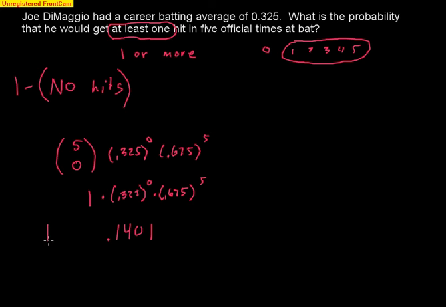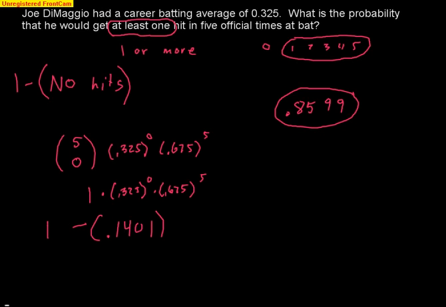He gets at least 1 hit, means 1 or more. So subtract that away, and that means there's, out of 5 at-bats, a 0.8599 chance. So pretty close, about an 86% chance that he's going to get at least 1 hit out of 5 at-bats. And again, that's at least 1 out of 5, meaning 1 or 2 or 3 or 4 or 5. So that's kind of a shortcut to do it, as opposed to doing all 3 of those like we had to do on that one.